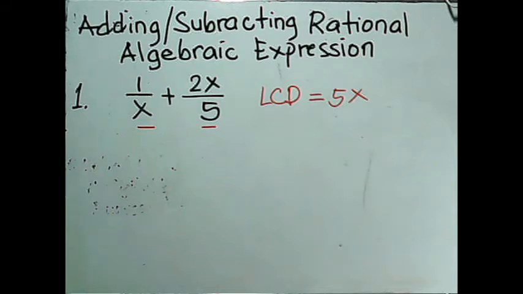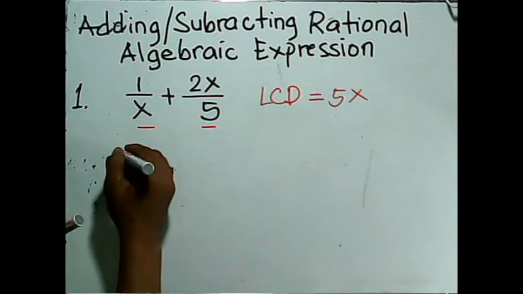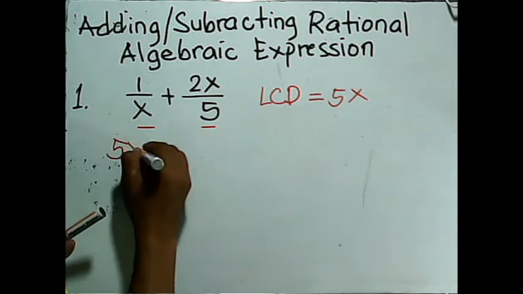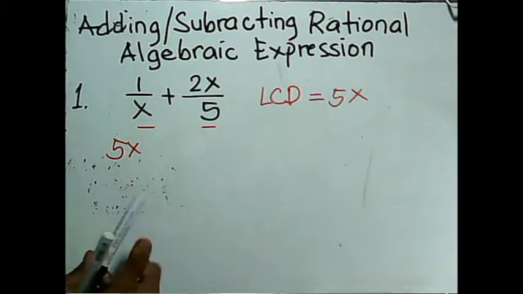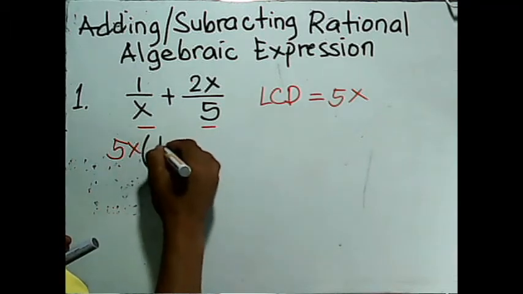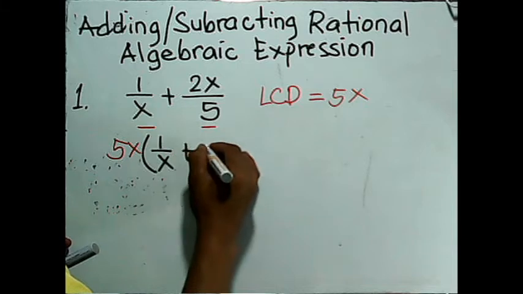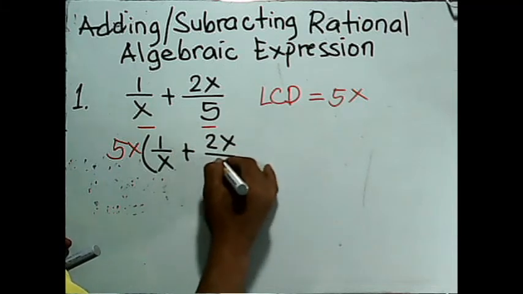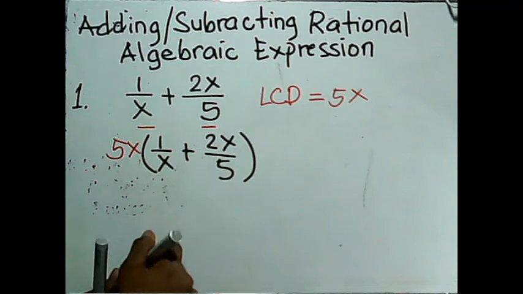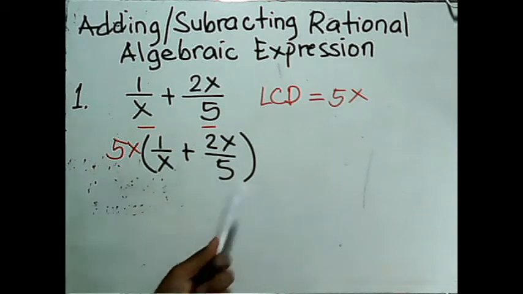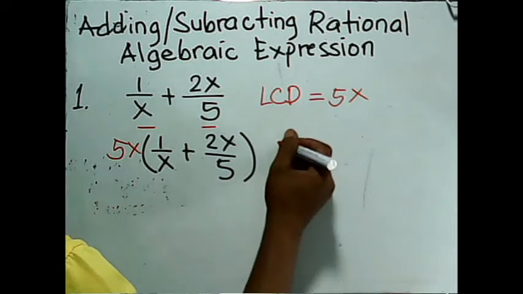After that, we multiply our LCD to the binomials. So we have here 5x times 1 over x plus 2x over 5. Then we apply the distributive property of multiplication over addition or subtraction.